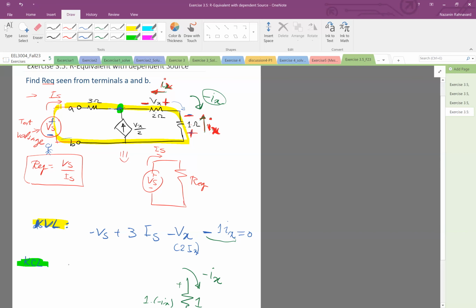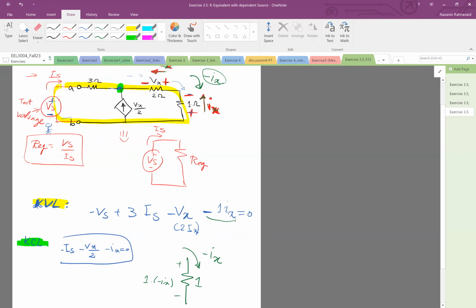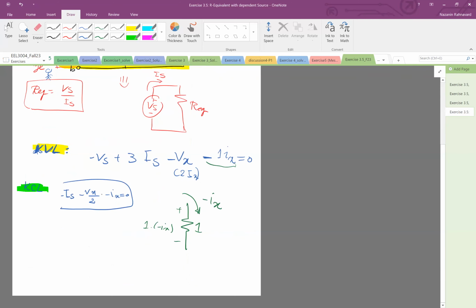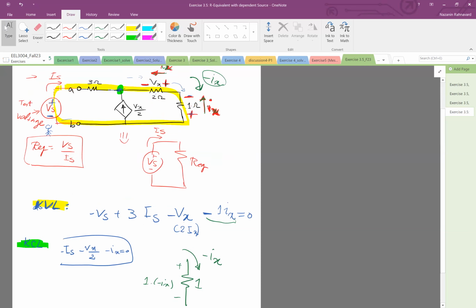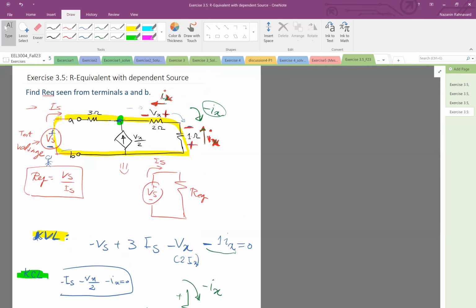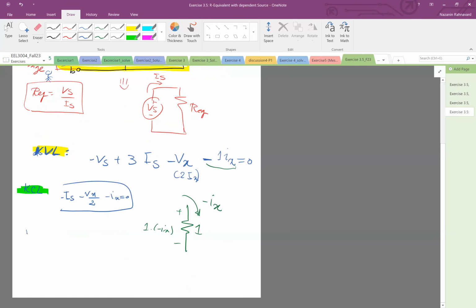So negative Is, and then this one, negative Vx over 2, and then this one, which is negative Ix, equal to 0. And remember, Vx was 2Ix. So let's also put it here: Vx is 2Ix.